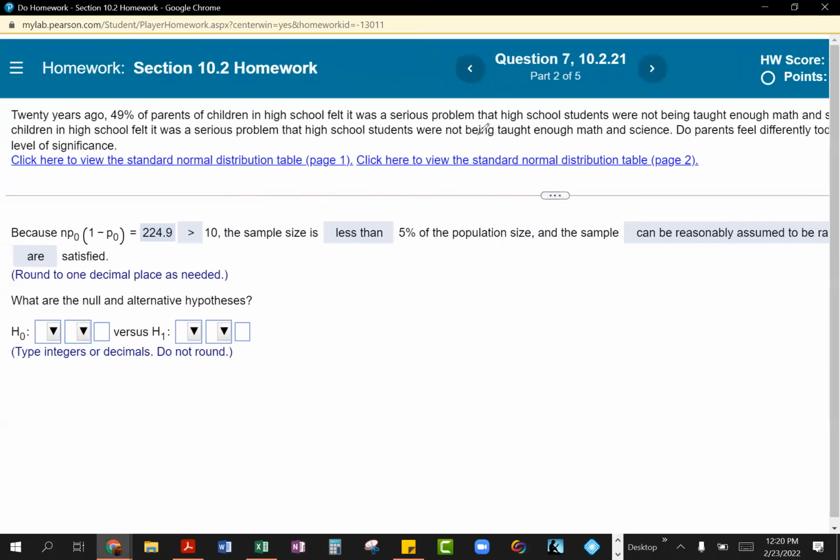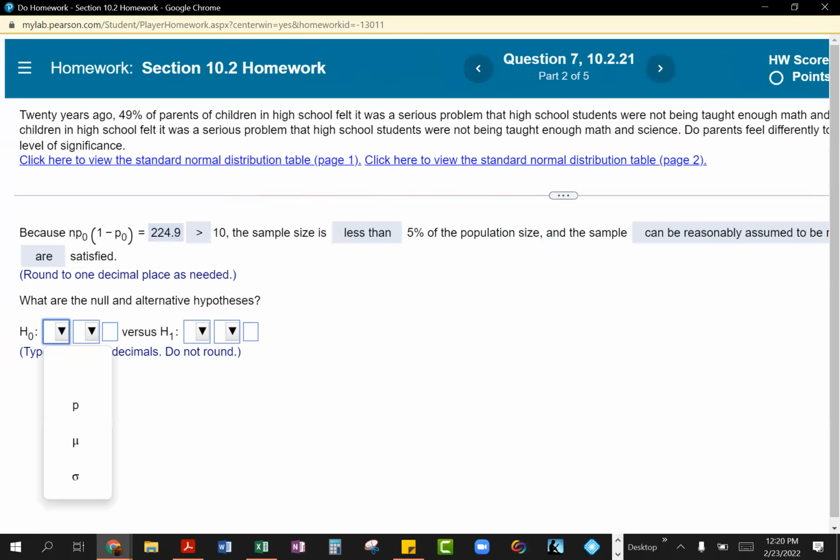So when you're doing the null and alternative hypotheses, remember we are talking about the probability here. And for the original probability, we had 0.49 or 49%, so 0.49 over here.